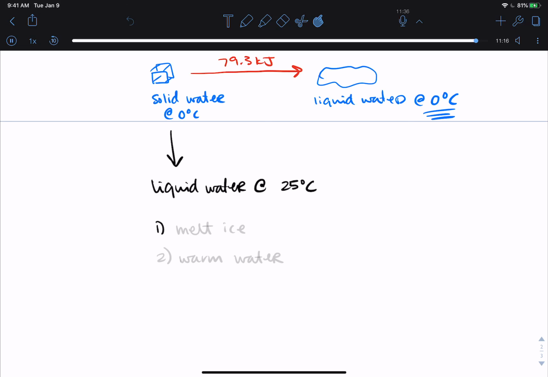Step 1, melt the ice so that you have liquid water at 0 degrees. Step 2, warm the water. So this is something to keep an eye out for. When you have phase changes, you don't have a temperature change. So we need to handle each step individually.